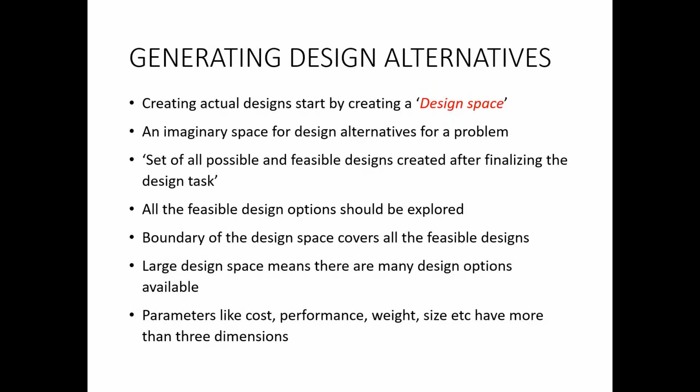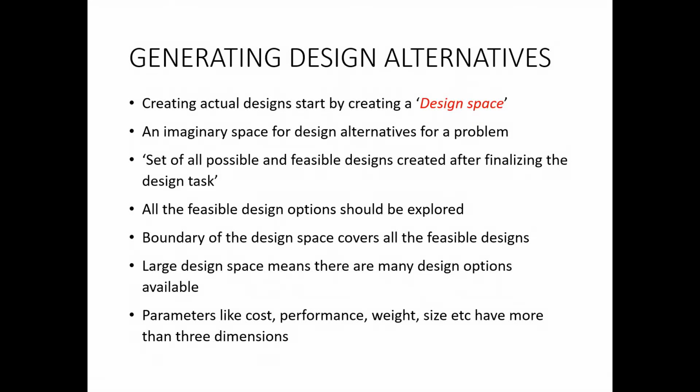Design alternatives actually represent the number of design solutions that we can approach to solve the design problem. And in every design problem we get multiple design alternatives, and we have to choose among a set of design alternatives based on specific criteria.